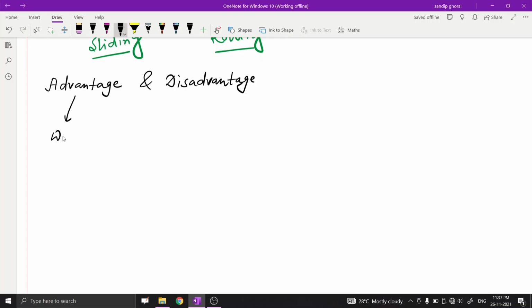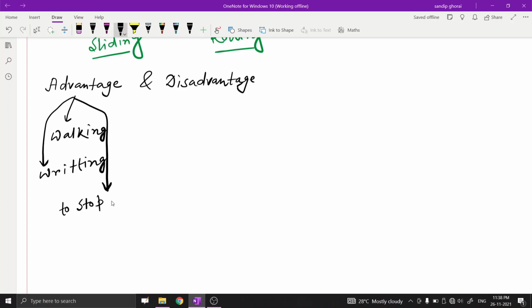Writing on a page, this friction also helps. To stop a car we use brakes. It also allows us to hold objects; friction helps to hold different objects.